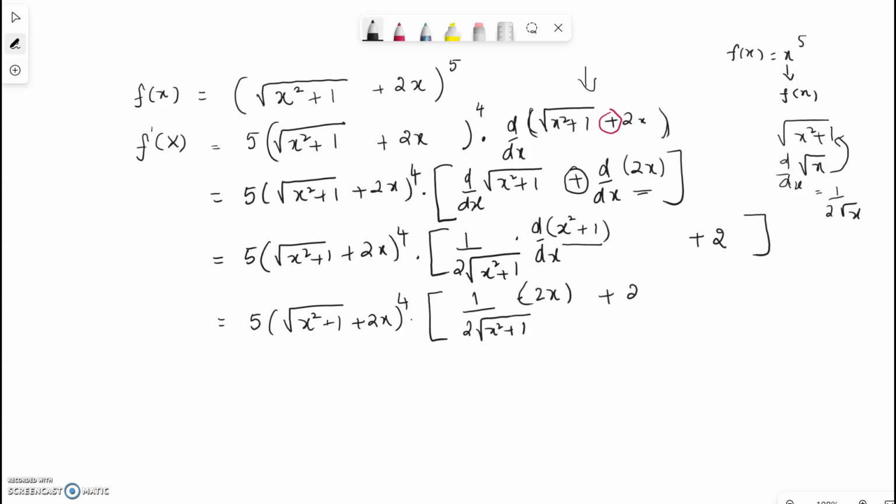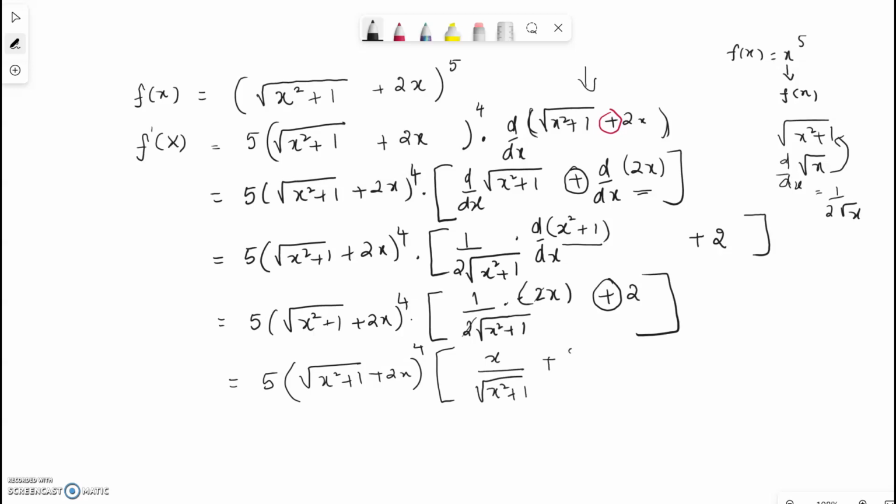So that's 2x. Notice that this is added. Remember that. These two are multiplied, so you're allowed to cancel the 2's. That's equal to 5 radical x squared plus 1 plus 2x to the fourth power. This is x over radical x squared plus 1 plus 2.